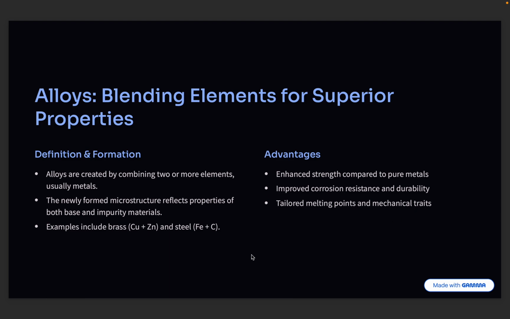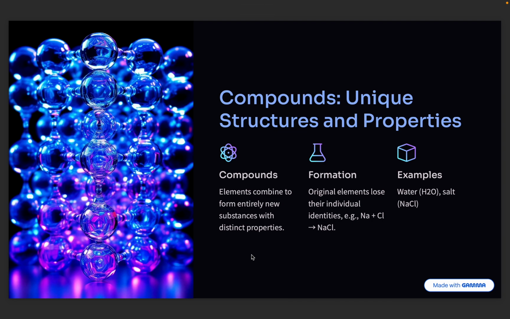The next is compounds. A compound is formed when we combine two metals, or put some impurity in a base metal, and both elements form in such a way that they lose their existence.